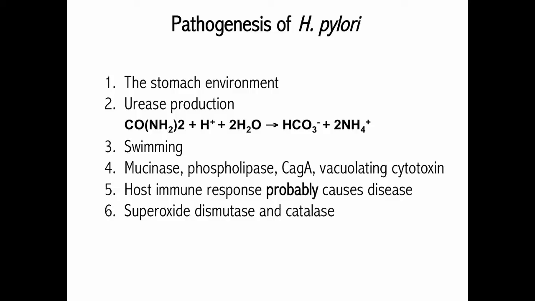So also in point 4, there are some other proteins which are considered to be virulence factors. The bacterium produces a phospholipase, which contributes to some epithelial cell damage. Phospholipases cleave the phosphate head off of phospholipids and thereby damage membranes. That's a virulence factor because it leads to host damage.